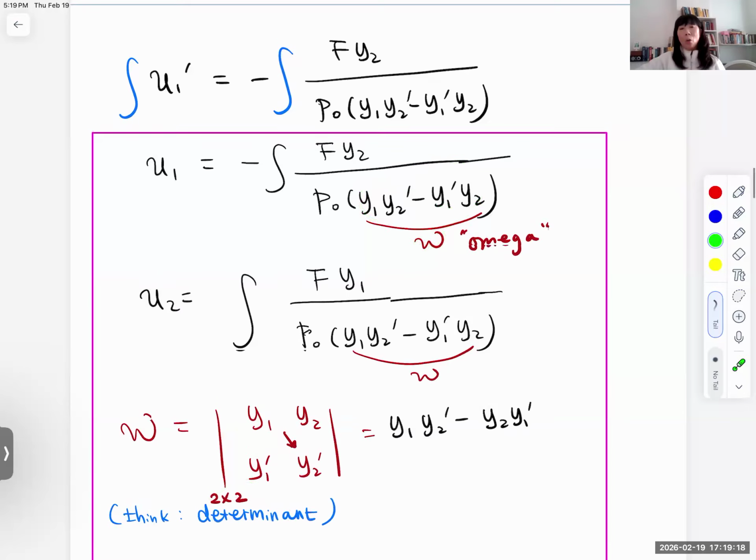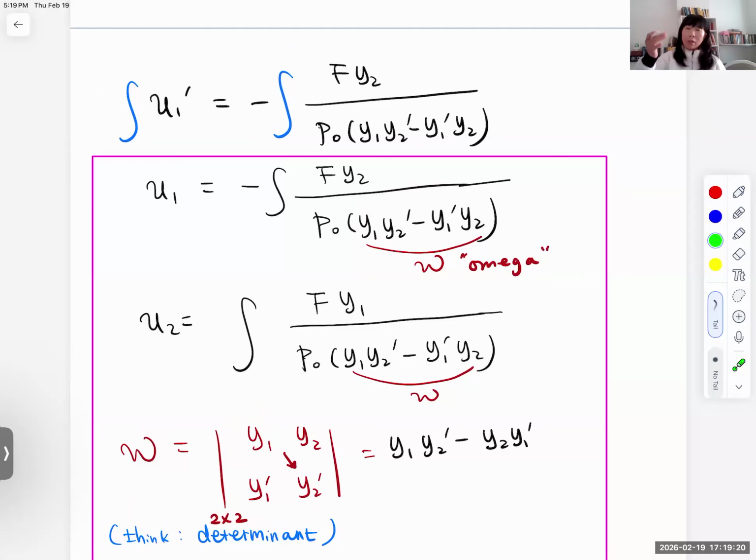Okay, now, whew. All right, then how do you solve for u sub 2? Same process. If we do the same process as for u sub 1, then we get f of x, y sub 1, p naught, and omega there within the integral.